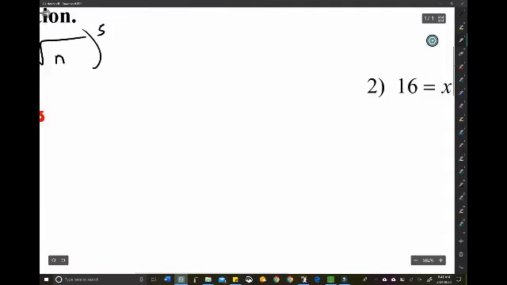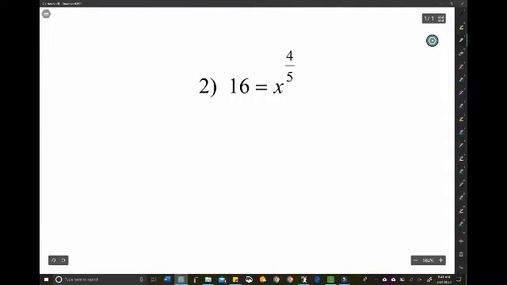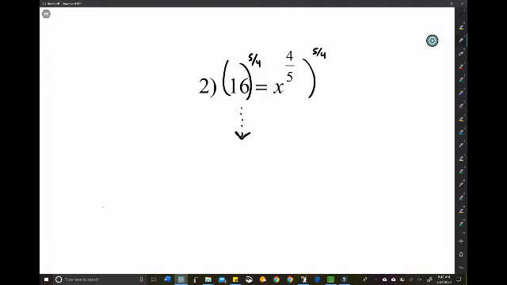All right. So number 2 is just backwards. It's 4/5 again. So now we're going to take the reciprocal power, 5/4. 16 to the 5/4. A couple ways you could do this. You can think of, first off, what is 16 to the 5th. So you could type that into your calculator, or just in one fell swoop, type that in.